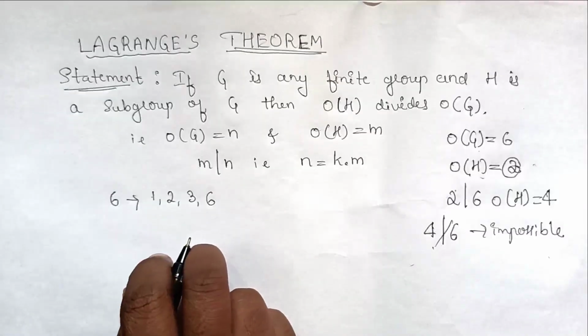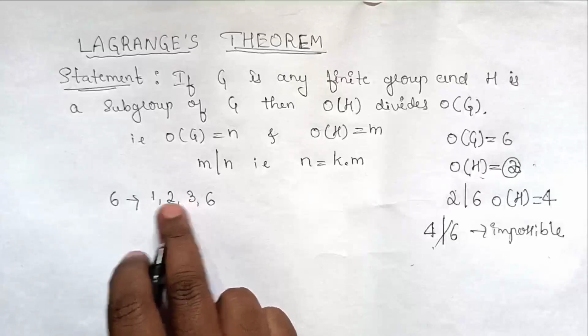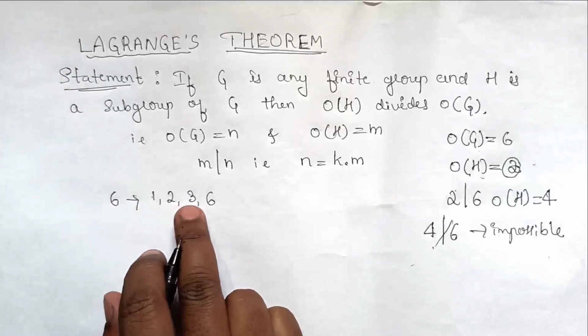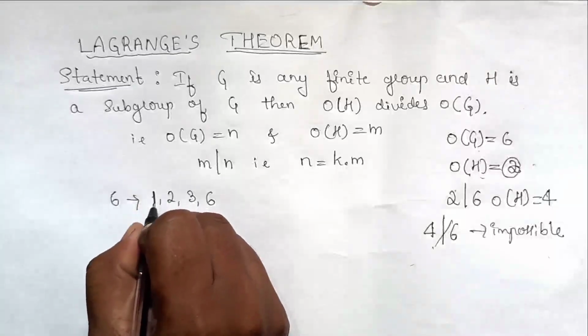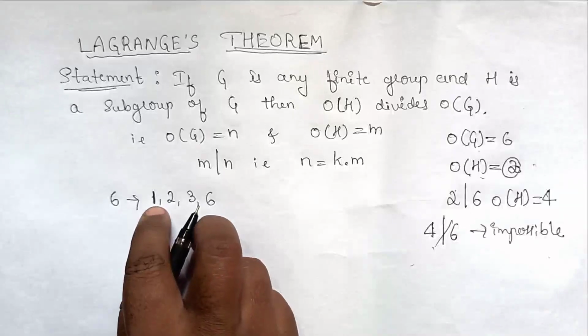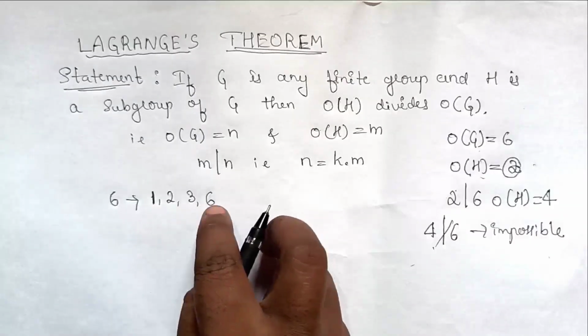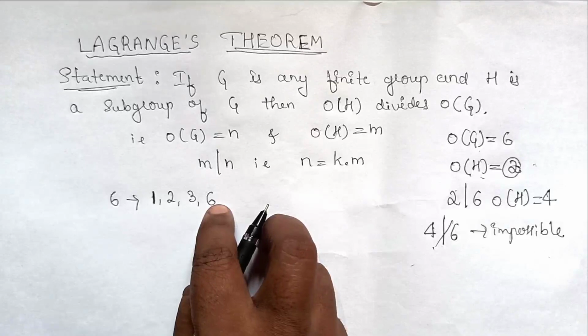Because 6 can be factorized into 2 and 3, and 1 is a subgroup of order 1, and 6 is the group G itself.